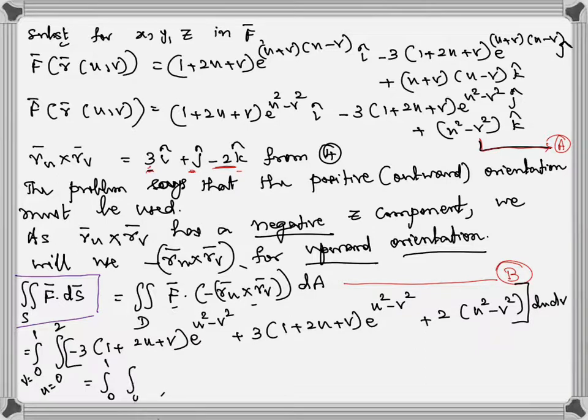So it's an integral 0 to 1, integral 0 to 2. The first two terms cancel out, so you get 2 times u squared minus v squared du dv.